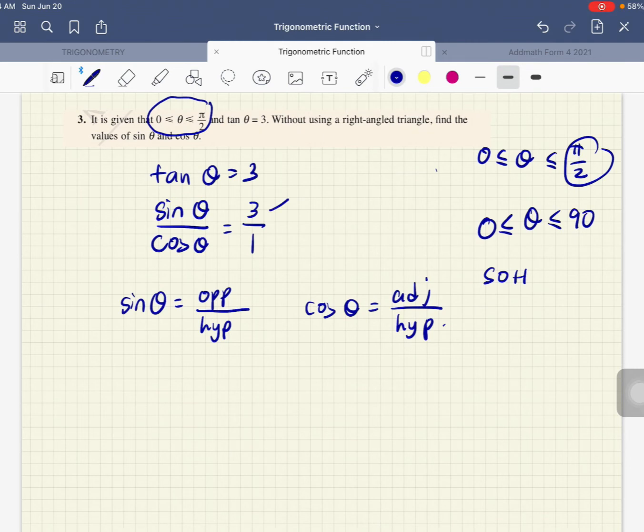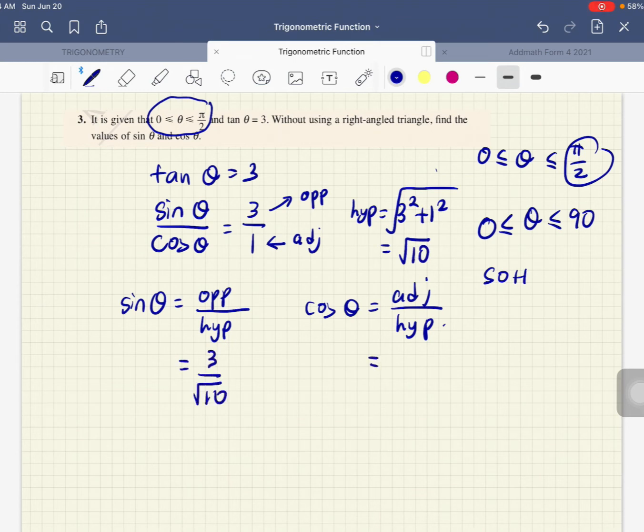Because this is opposite and this is adjacent, the hypotenuse is the square root of 3 squared plus 1 squared. So we got the square root of 10, right? So sine is 3 over square root 10, and cos is 1 over square root 10. That's it. Easy as that.